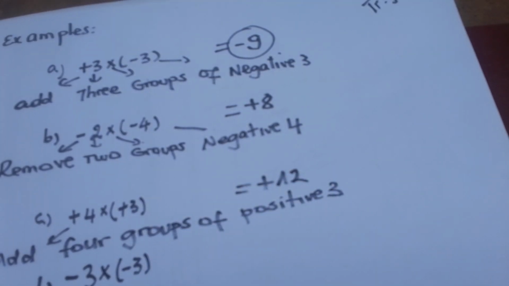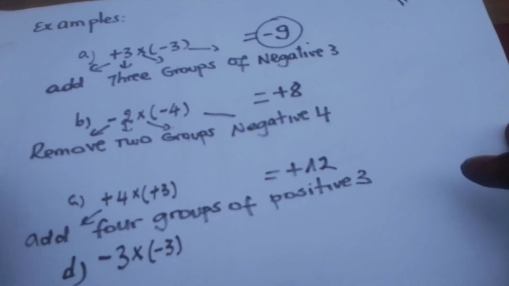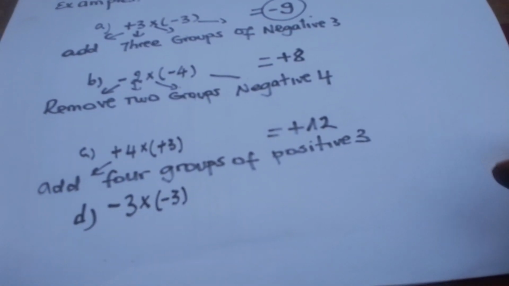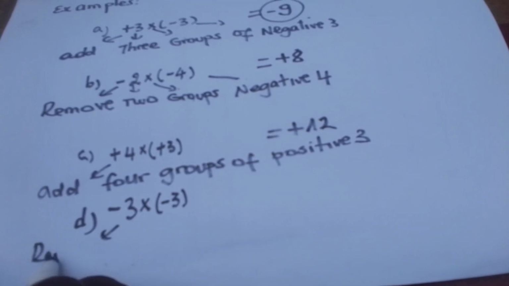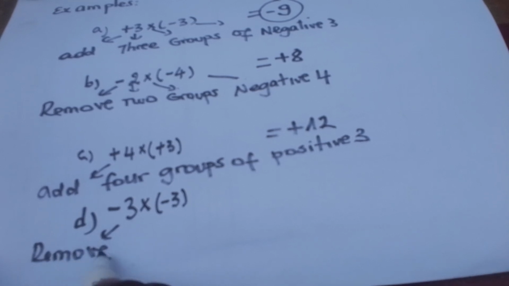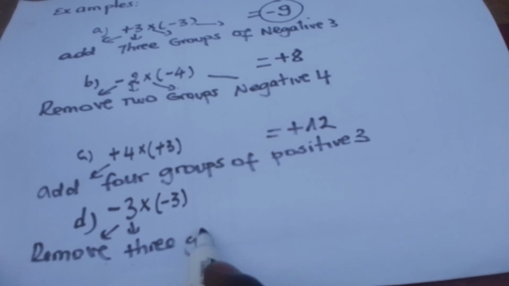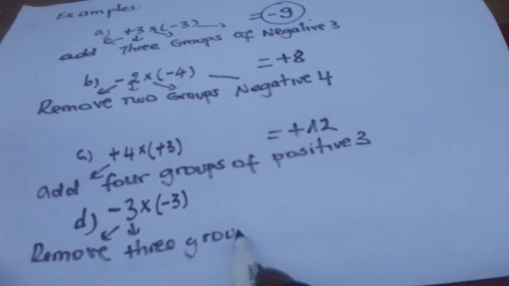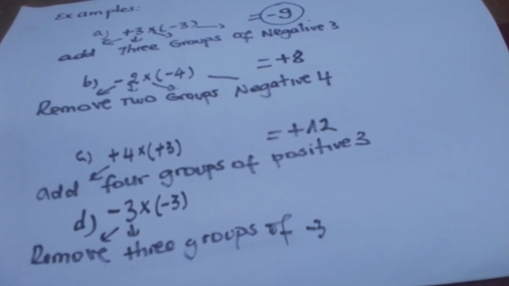The last question. We are going first to make the math sentence. This will be remove three groups of negative 3.